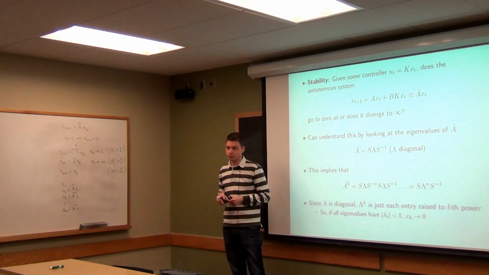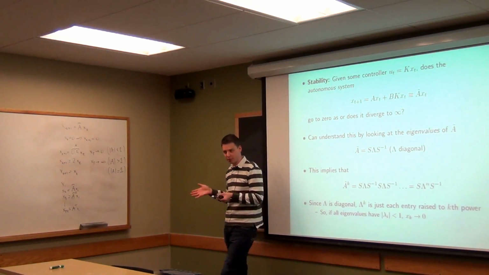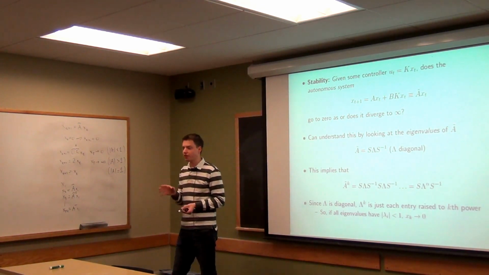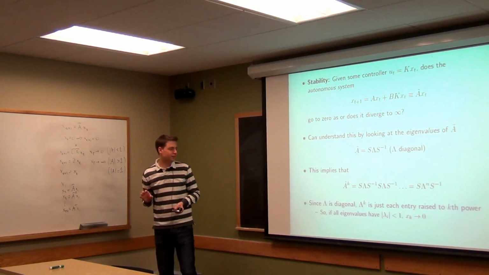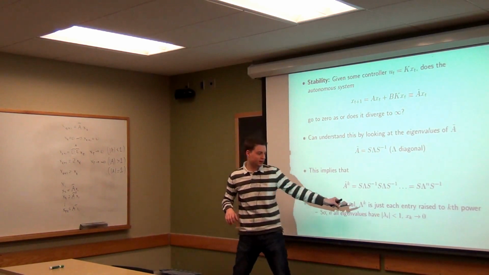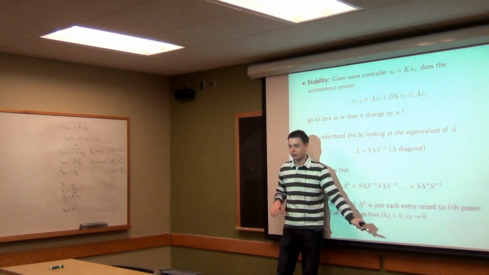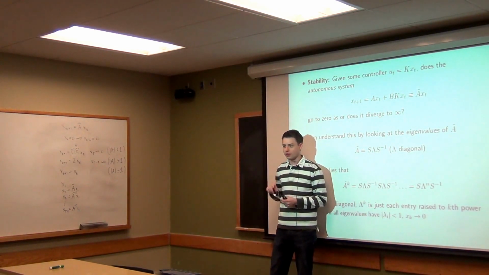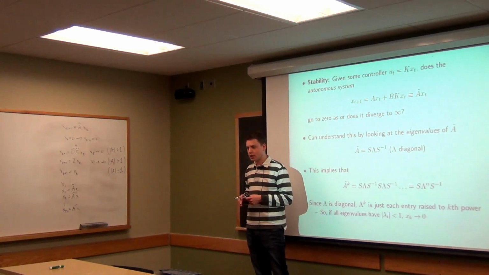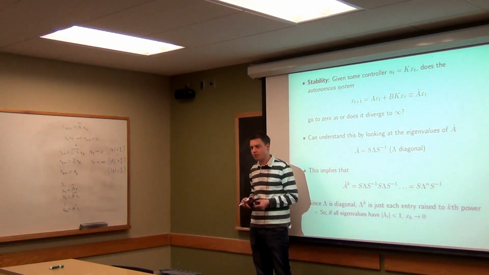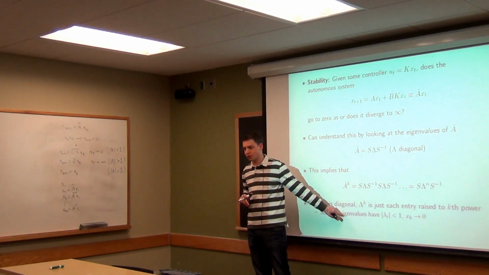Again, the eigenvalues can be complex, so you have to use the absolute value in the complex case as well. What's the length of those complex numbers? But that's the rule. This is how you determine whether a system is stable or not.